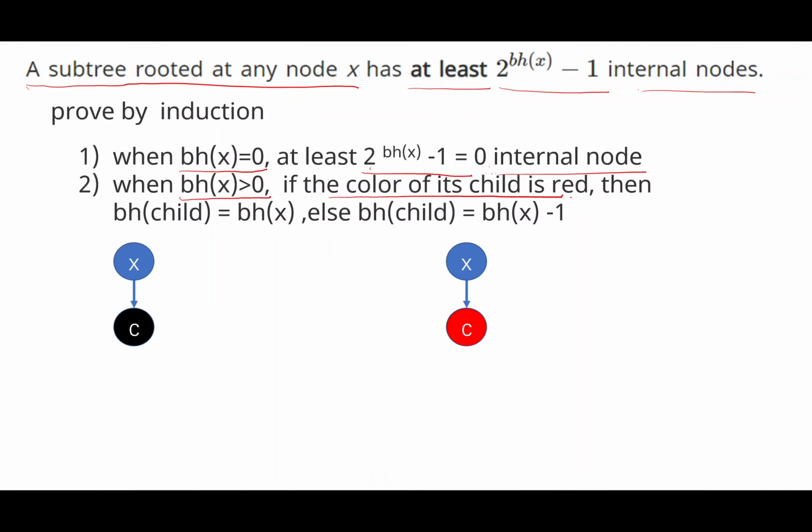If the color of the child is red, for this case, the black height of x and the black height of the child are the same. Else, if the color of the child is black, then the black height of the child equals the black height of x plus 1.